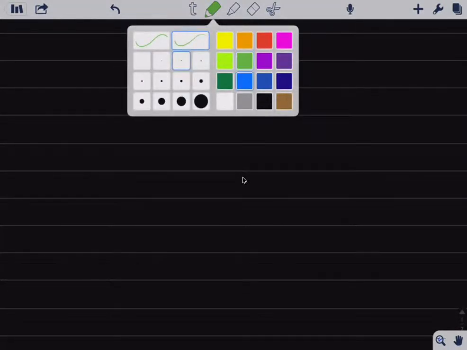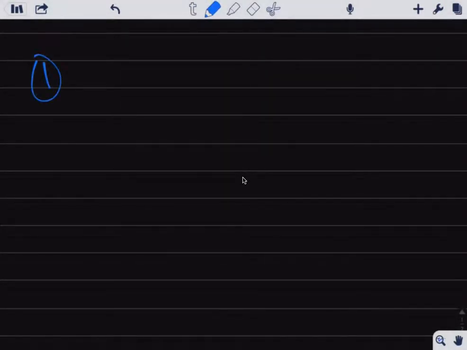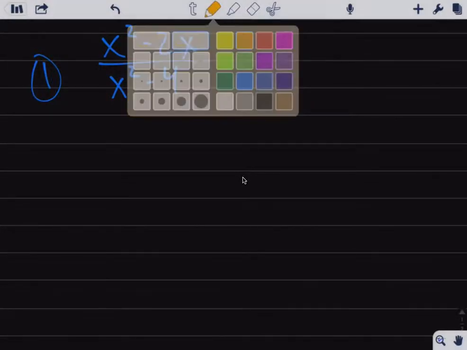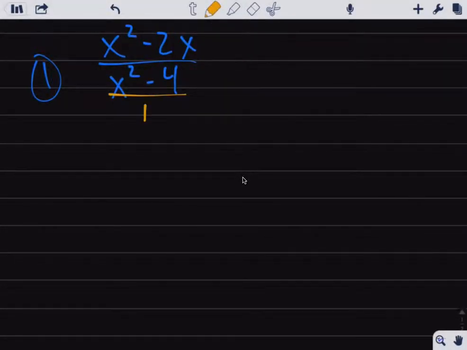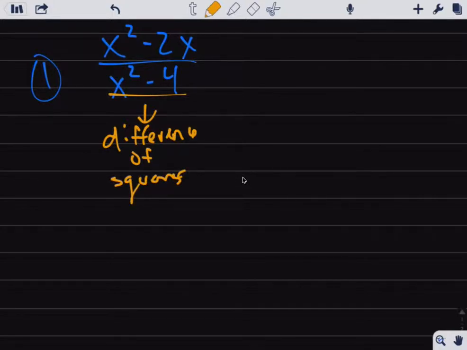All right, first example. It is x squared minus 2x over x squared minus 4. The bottom piece here is the difference of squares. It's a pattern. Some of you will remember it, some of you won't. It follows the pattern: a squared minus b squared is equal to a plus b, a minus b.